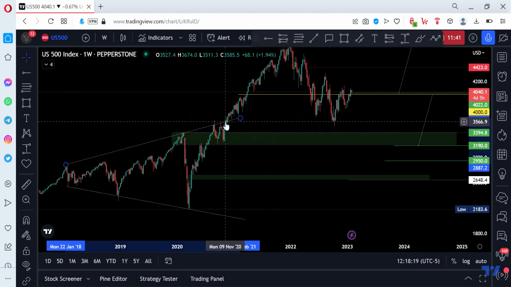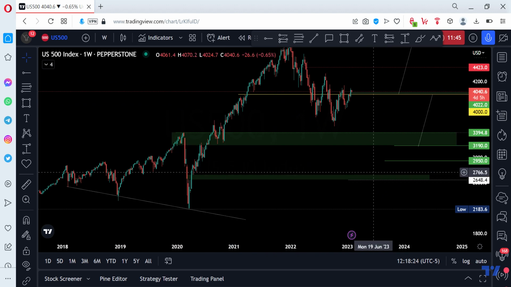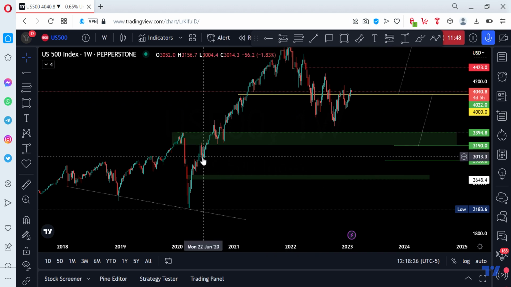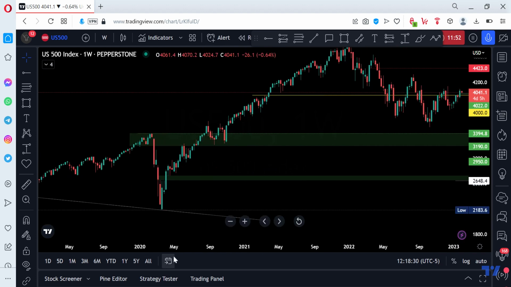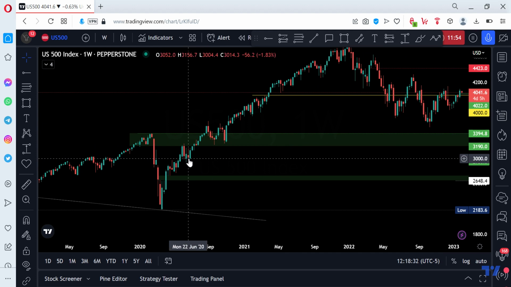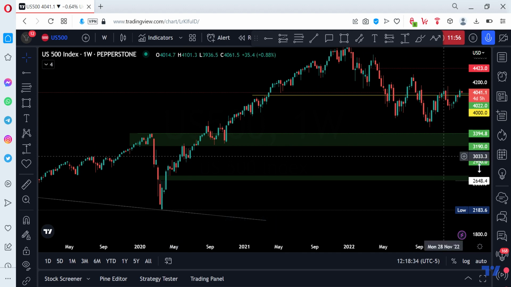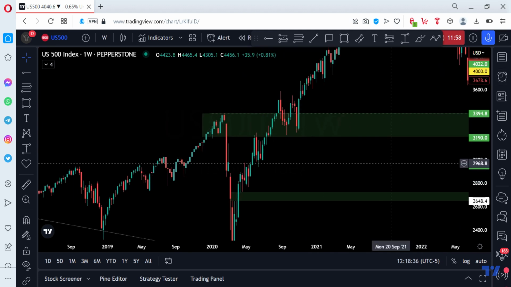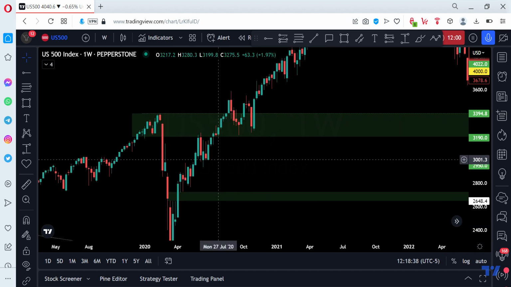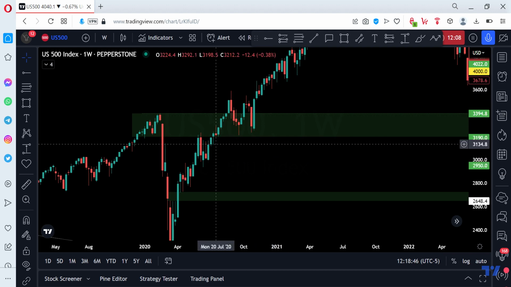I hope you find this very interesting. Why do I have this price here? Because on the weekly, if you see this small bar here, the price traded lower, which means we triggered bears there, and then we made this move.